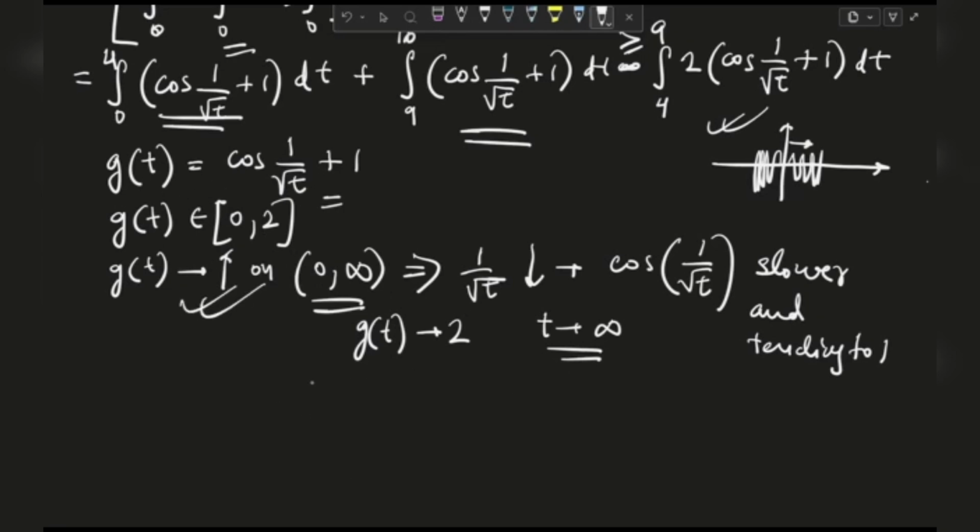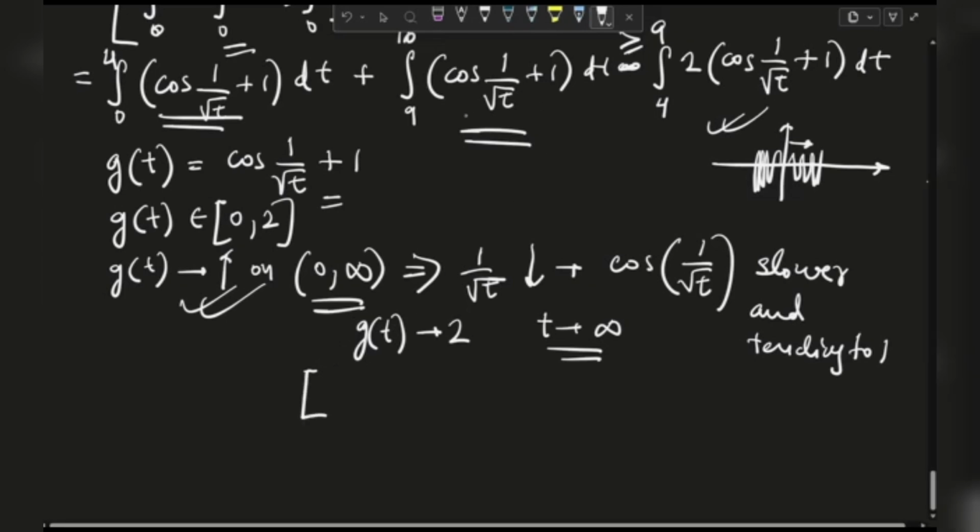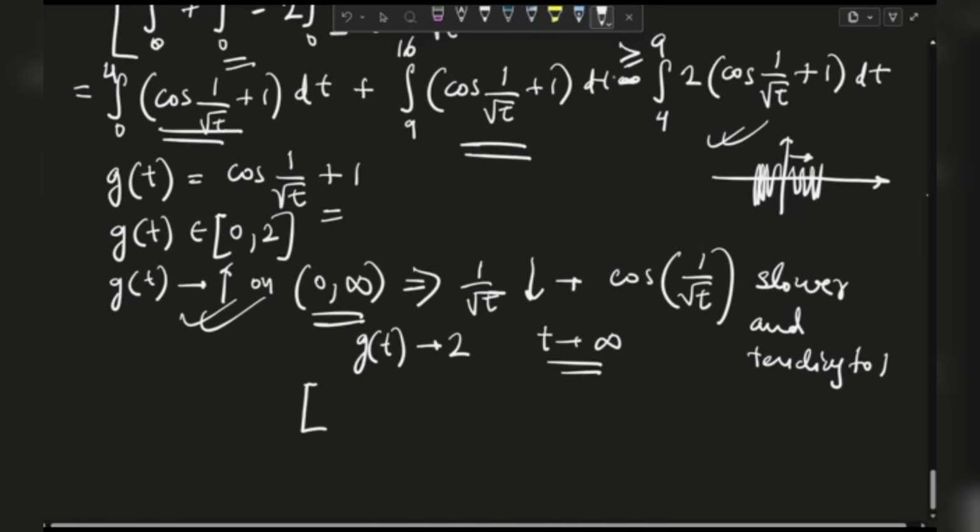So if we try to see over the interval 9 to 16, which was basically our reference interval here, we can conclude something from this particular part.